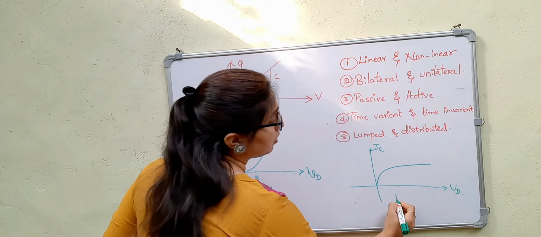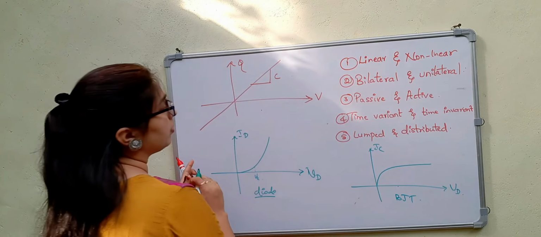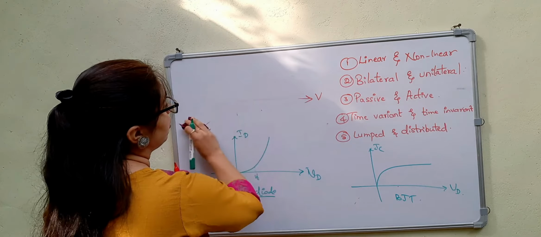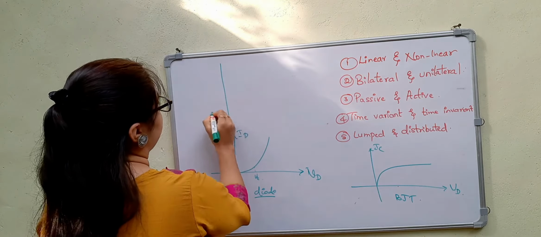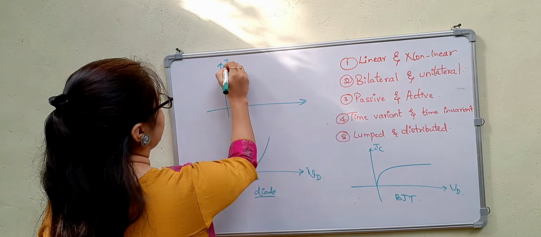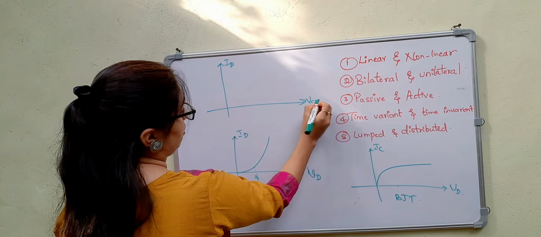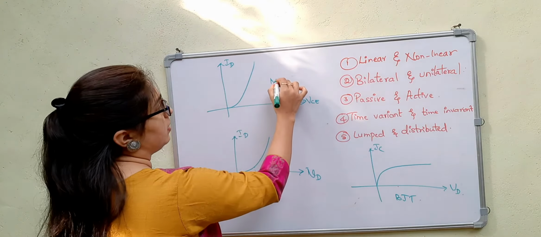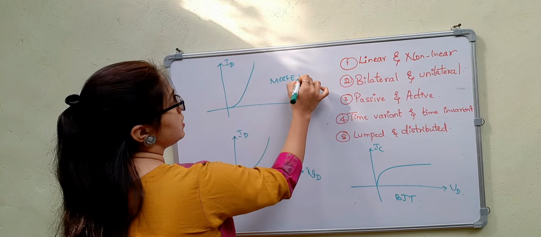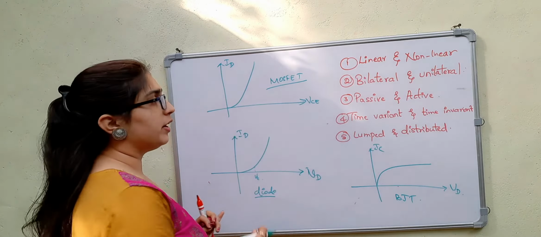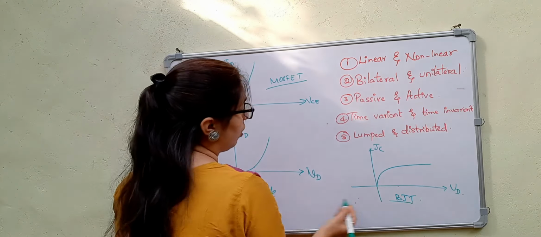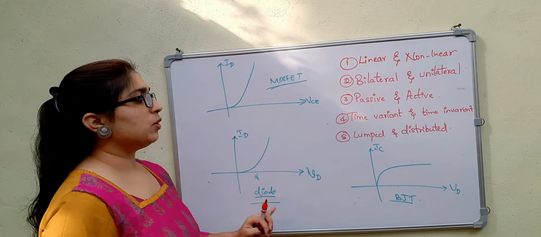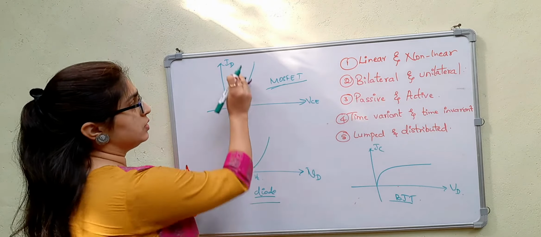This is for diode, this is for BJT. Then you have MOSFET, I_D versus V_DS. This is your MOSFET's characteristic. So this is not a straight line passing through origin, right? So all these are non-linear elements, diode, BJT and MOSFET.